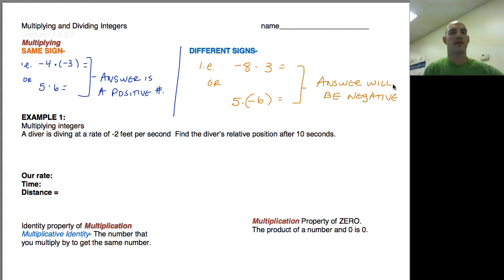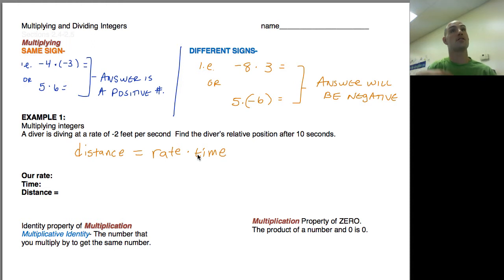Let's talk about a little bit of a multiplying integers problem. A diver, meaning like a deep sea diver, is diving at a rate of 2 feet per second. Find the diver's relative position after 10 seconds. So for this, we need to know the distance, or how far we go, is equal to rate times time.